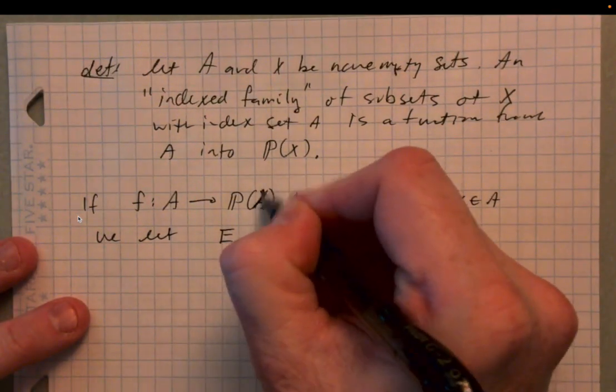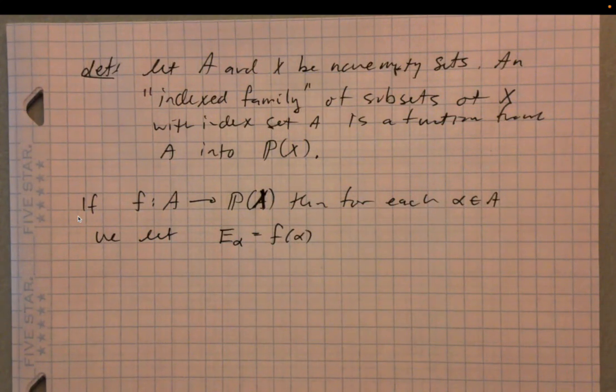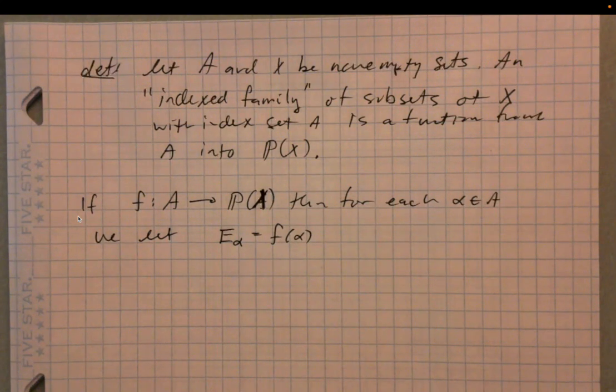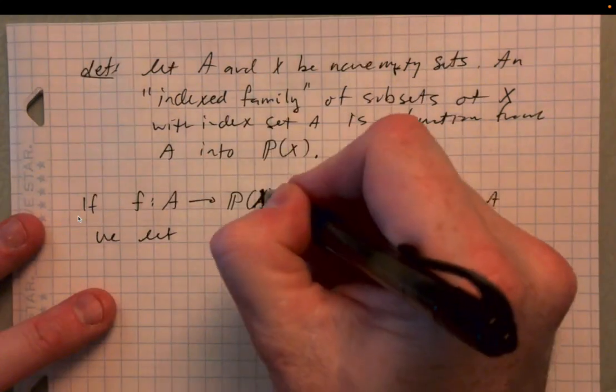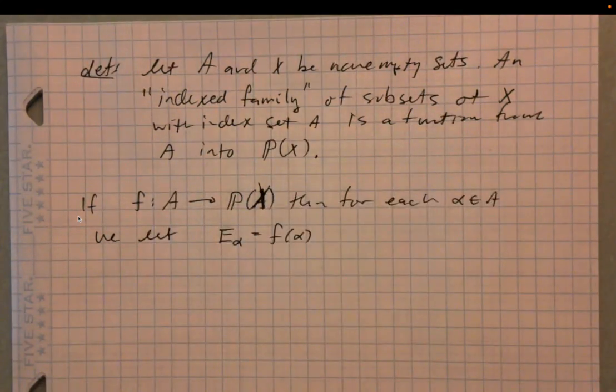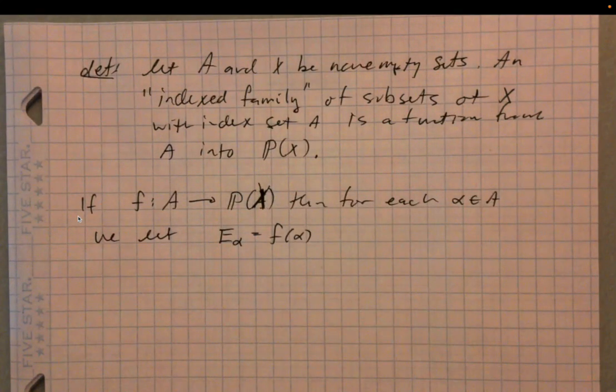Sorry about that. So if F is a function from A into the power set of X, then for each alpha in A, we let E sub alpha equal F of alpha.